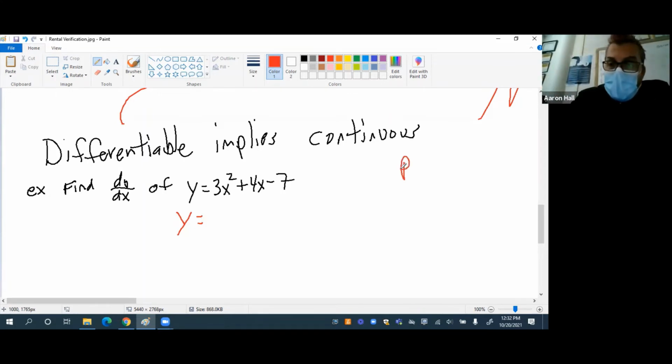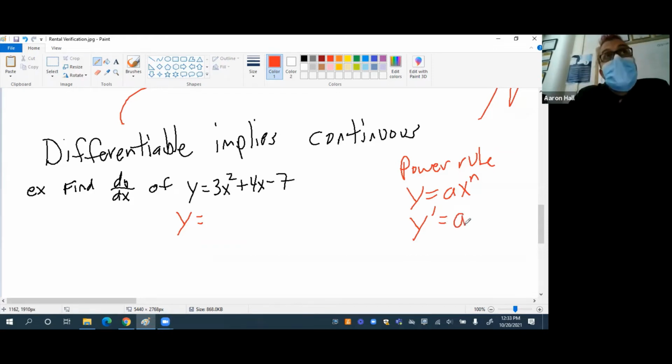Remember the power rule? So if I have y equals a times x to the power of n, what is my derivative? a times n times x to the power of n minus 1.